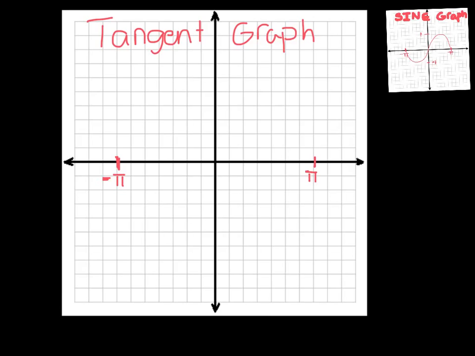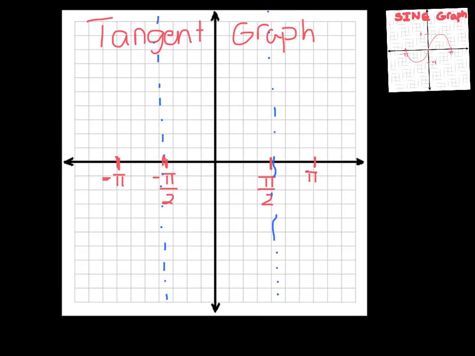It has asymptotes at negative pi over 2 and at positive pi over 2. And if you haven't learned this, asymptotes are just lines where the graph does not cross.